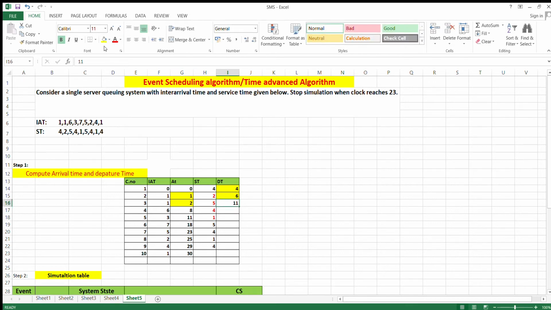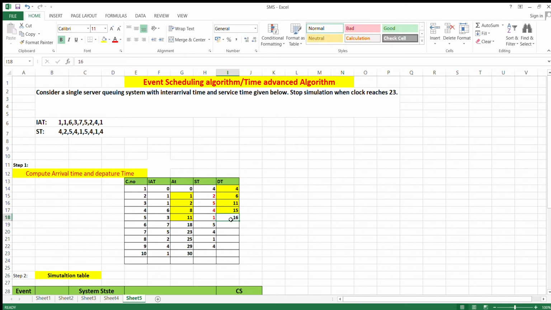Departure is 11, arrival is 8. Maximum is 11, plus 4, 15. Departure 15, arrival 11, maximum 15. So 15 plus 1, 16.